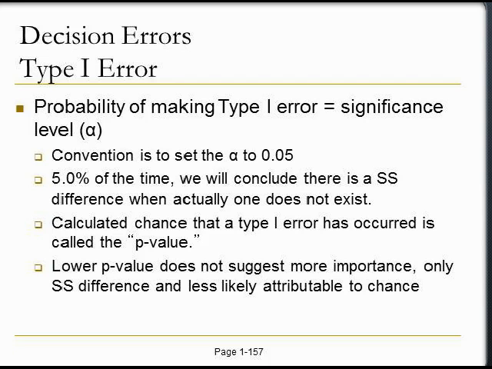The reason is that a lower p-value doesn't suggest any more importance than a p-value that's close to 0.05. It only tells us that the comparison we observed was less likely to have occurred by chance. It doesn't mean it's more important if your p-value is 0.000000005 versus 0.04. It just means that it's less likely to have occurred by chance.